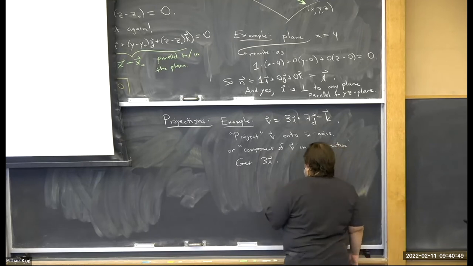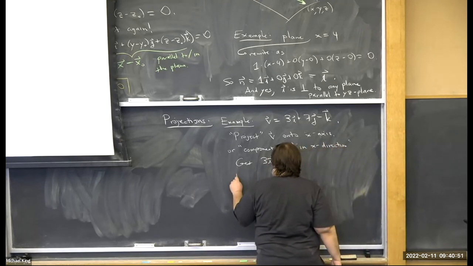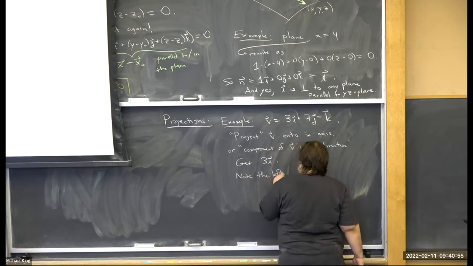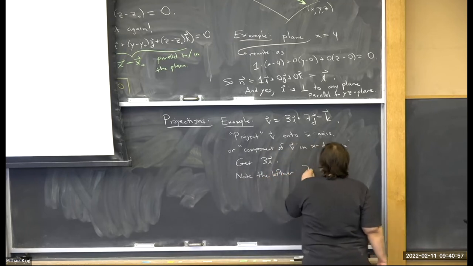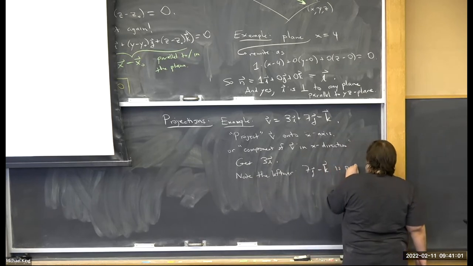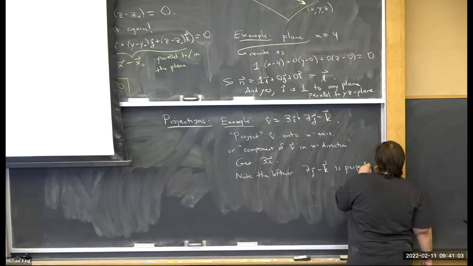So you get 3i, and then note the leftover 7j minus k is perpendicular to the x-axis.